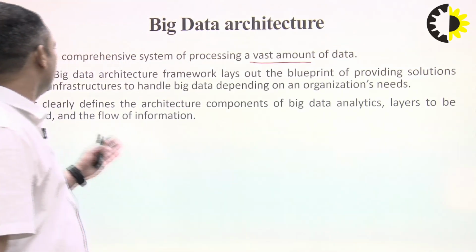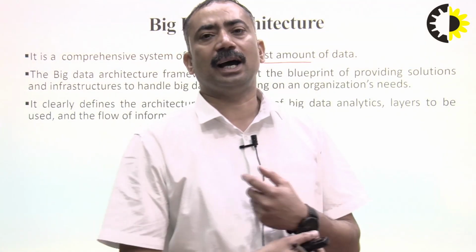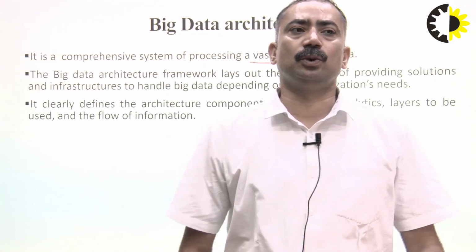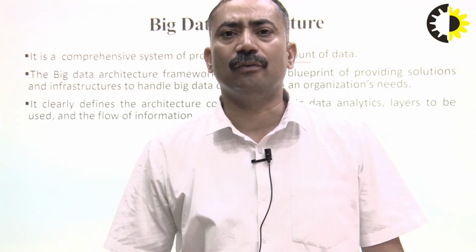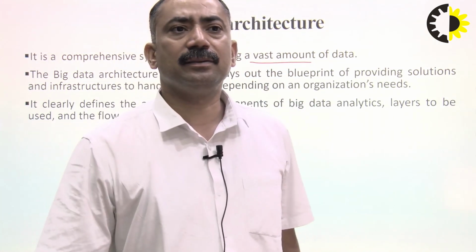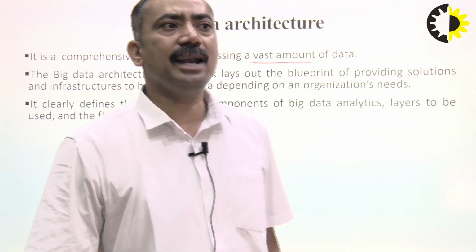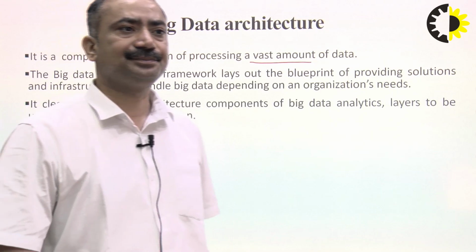It clearly defines the architectural components of big data analytics, layers to be used, and the flow of information. And the reference points are ingesting, processing, storing, managing, accessing, and analyzing the data.